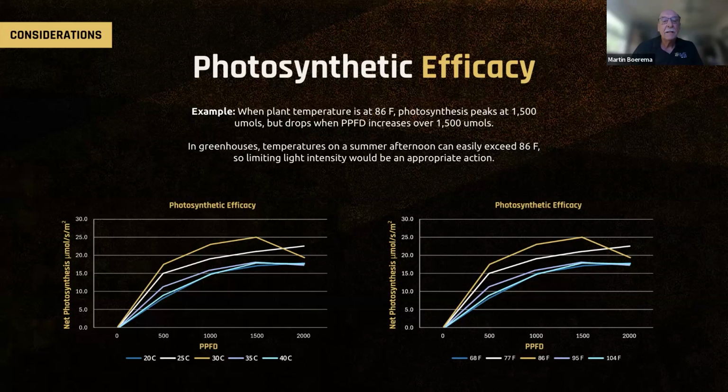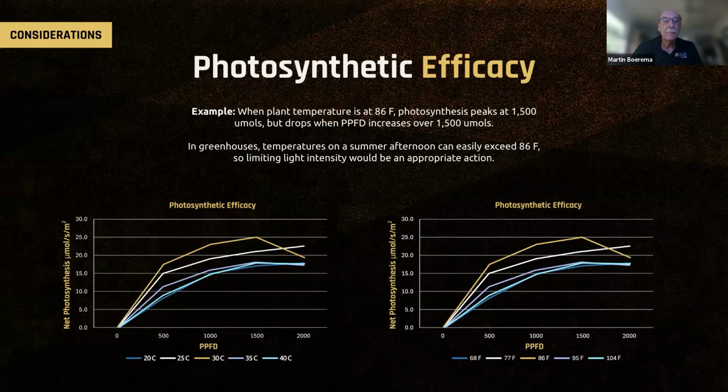But that does not mean, even though the top activity is at 1500 micromoles of light and 86 degrees of plant temperature, that you get the best results in your growth. This is a theoretical maximum photosynthetic efficacy graph.